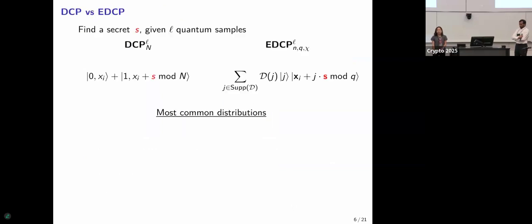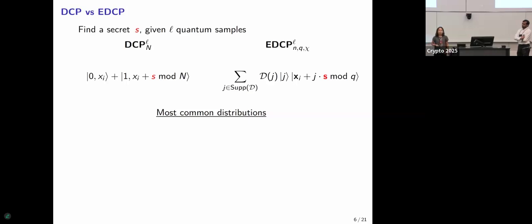Now I want to talk about DCP and EDCP. They both ask the same question: given some quantum state, can we recover a secret s? The difference is that EDCP generalizes DCP by using multiple shifts, and the amplitude is sampled from some bounded distribution D. Here x_i and x are vectors of dimension n.